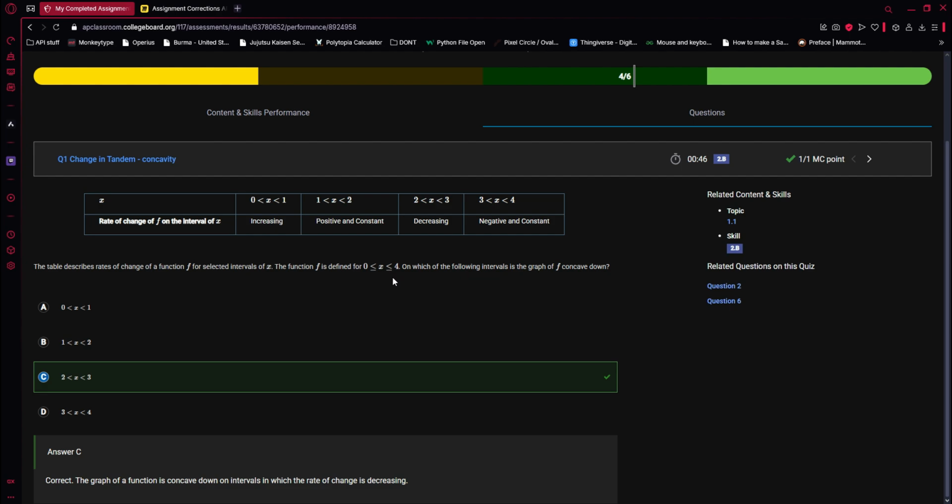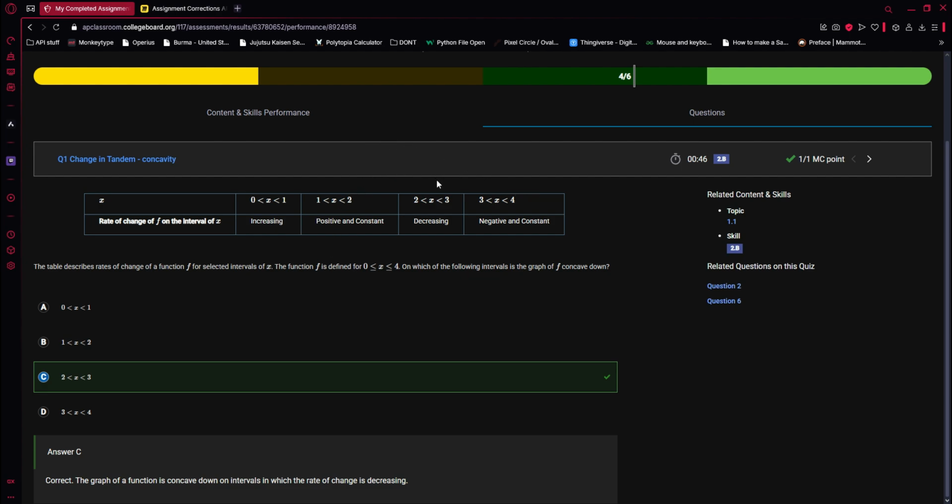So this is a very easy question, as long as you pay attention to what it's saying. It's saying the rate of change. And as we remember from 1.1, concave down, which is what it's asking for, means that the rate of change is decreasing. Does not matter what else is happening.